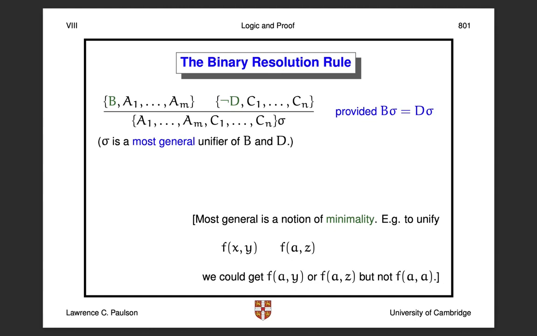Now this remark here that sigma is a most general unifier, I should say something about. I don't want to get distracted and go into the theory of unification, which, believe me, there is quite a lot of, and just say that a most general unifier is a really obvious thing.